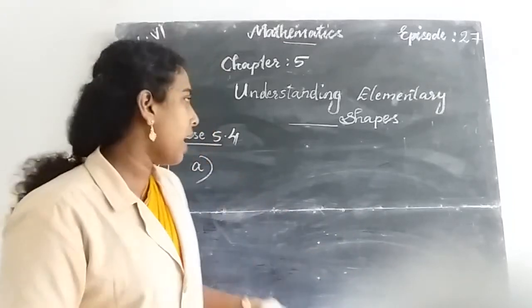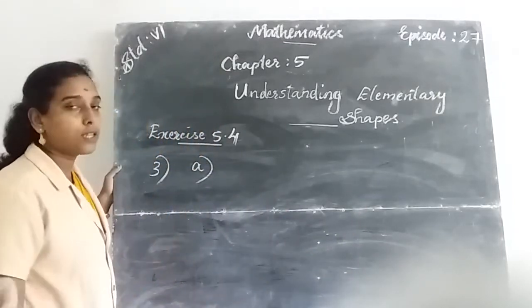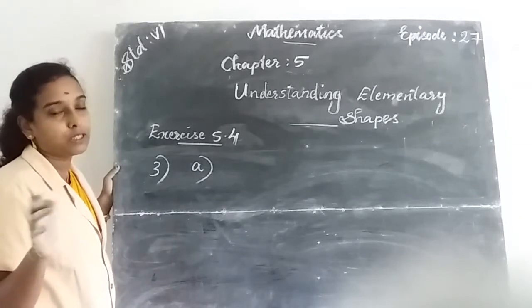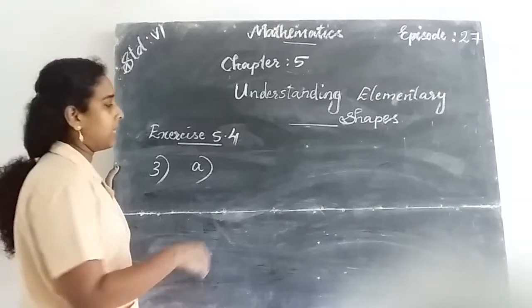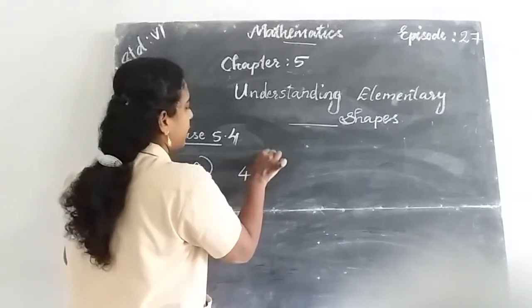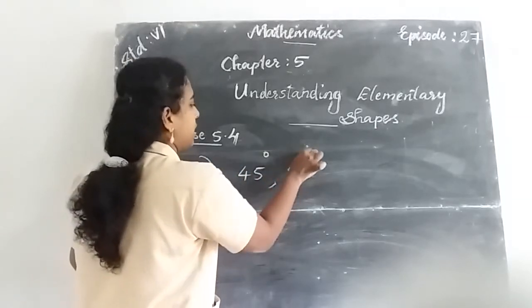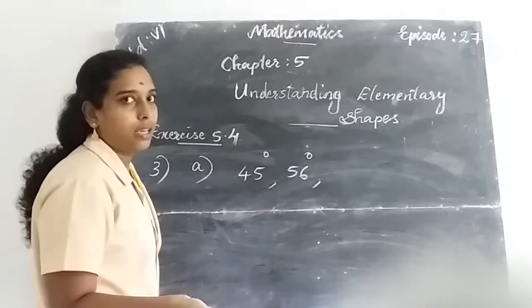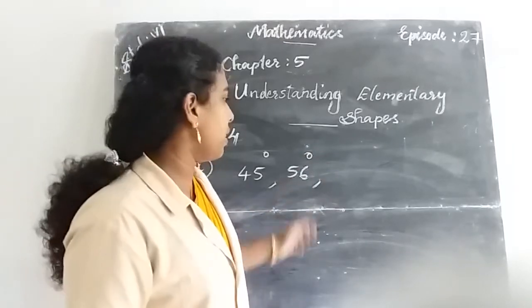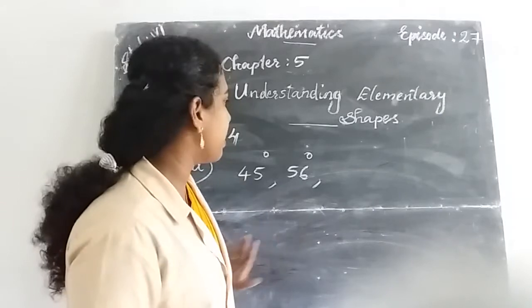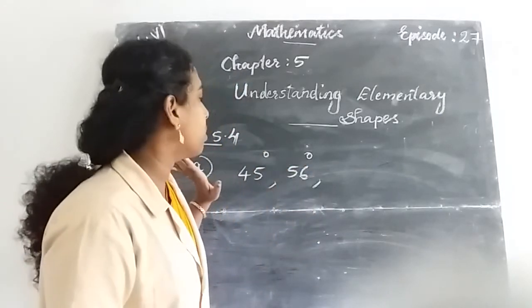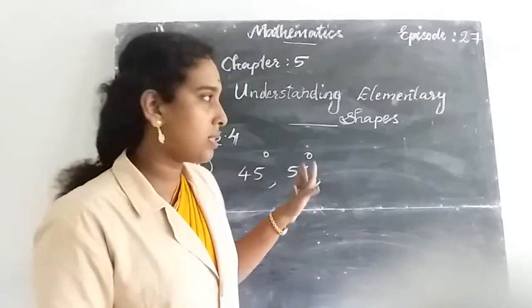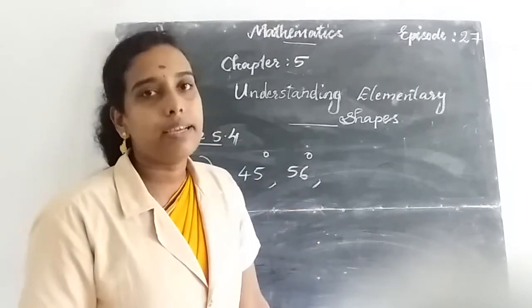So you should write some measures of acute angles, less than 90 degrees, which means 45 degrees, then 56 degrees, 80 degrees, 75 degrees, etc. These are all examples of acute angles, because all these angles are less than 90 degrees.